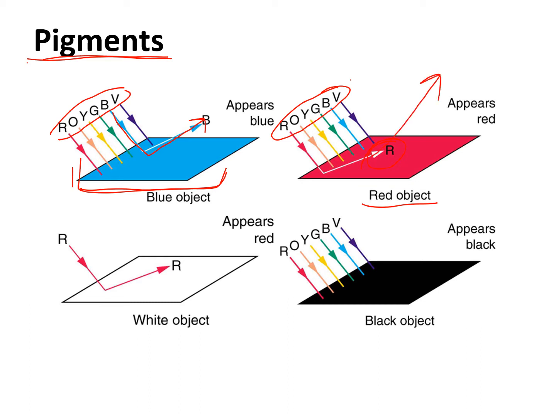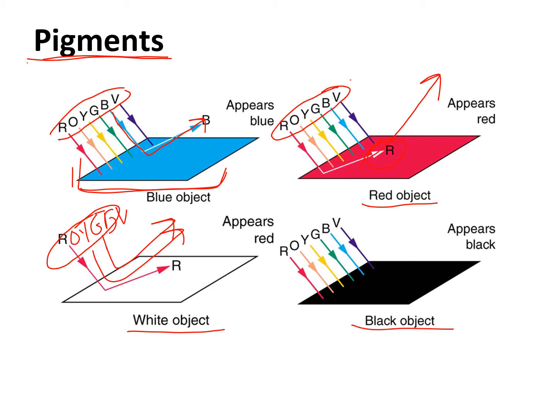White, a white object is one that reflects all the colors. So I don't know what happened to this image, but all those colors, red, orange, yellow, green, blue, violet, all of them would be reflected back to our eyes. And so we perceive it as white because it's all the wavelengths mixed together.